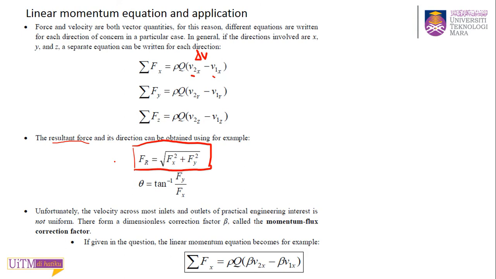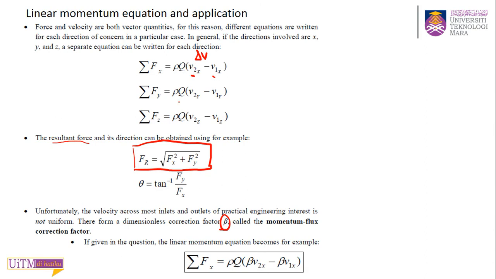Because the velocity is not uniform, we need to introduce a dimensionless correction factor beta. You need to multiply this number with your velocity.